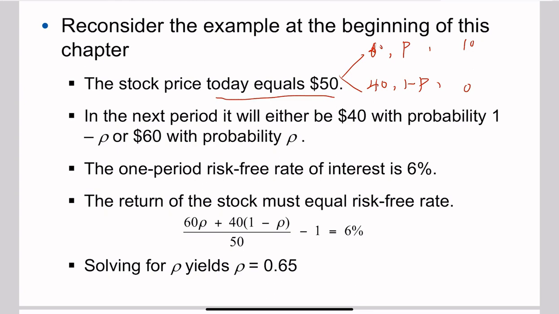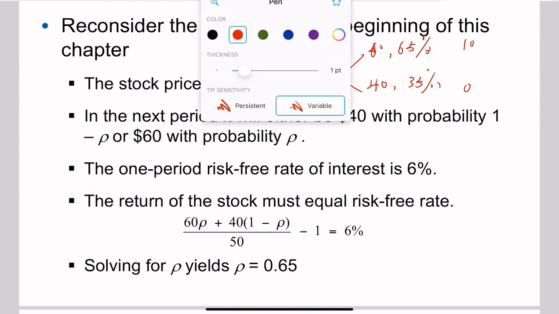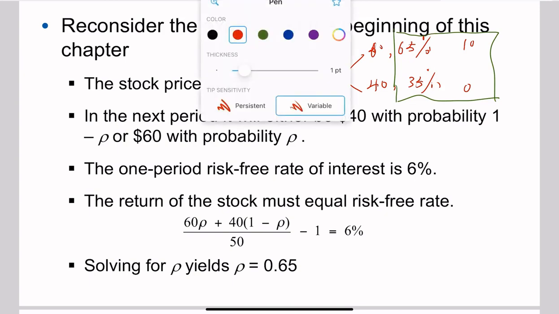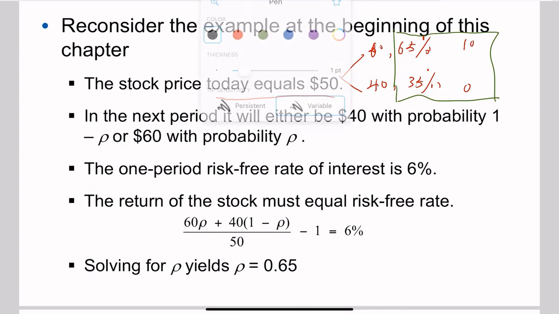Okay. Now let me write down these probabilities: 65% and 35%. And now, using these four data points, we can price the call option.